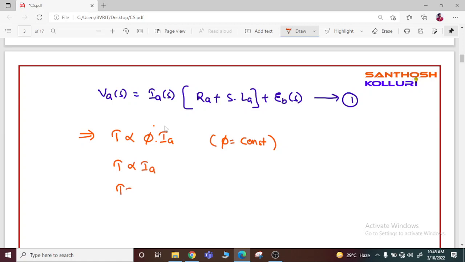To avoid the proportionality, I am replacing it with a constant, torque constant KT into IA. If I apply the Laplace transform for this, then the equation becomes T of S is equal to KT into IA of S. This is equation number 2.